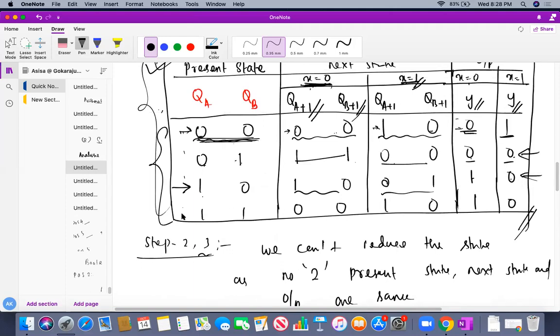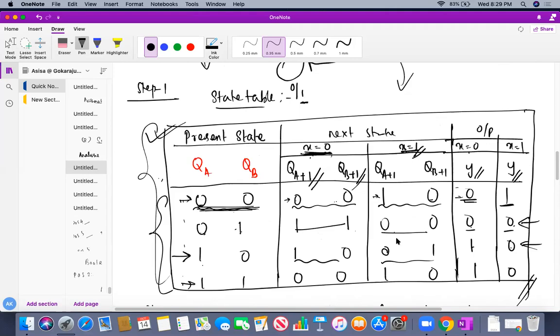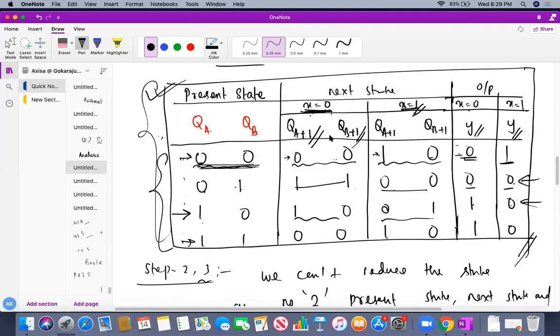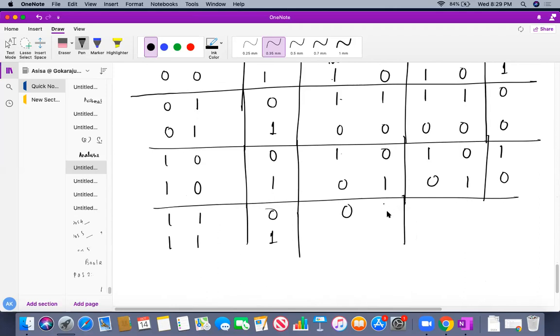Now the present state is 1, 1, with input 0 and input 1. What would be my next state here? For present state 1, 1, my next state for input 0 is 0, 0, and for input 1 it is 1, 0.